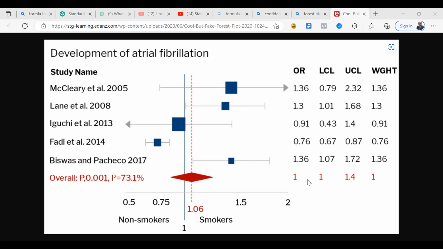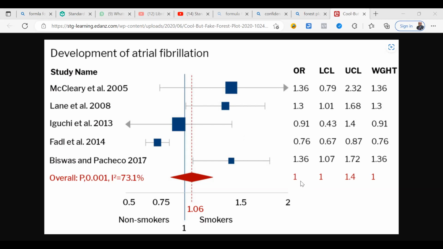The pooled odds ratio now is correct. It touched the line now. Okay, it's 1. Pooled odds ratio is equal to 1. Correct.